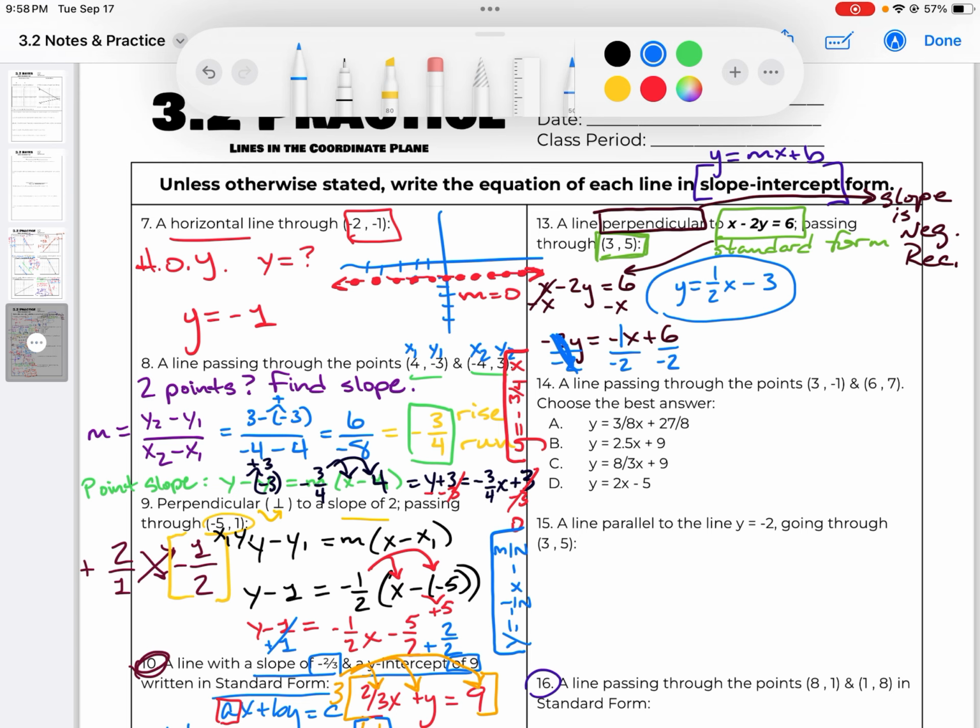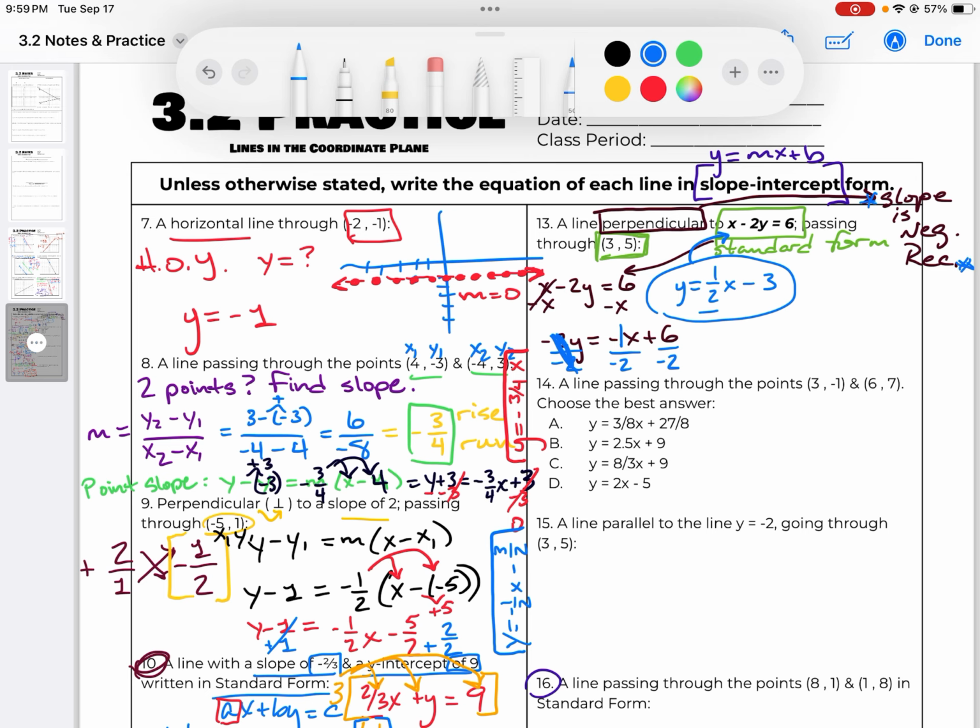So this equation is the line that we started with, but it's not our answer. We are looking for a line that is perpendicular to that one. And what we said there is that the slope is going to be the negative reciprocal.